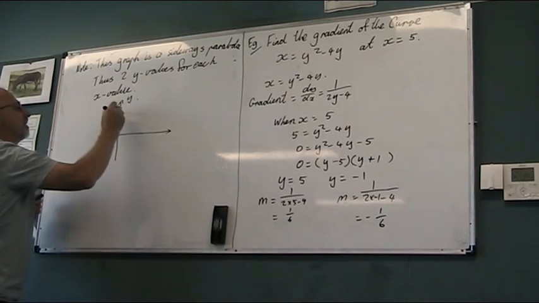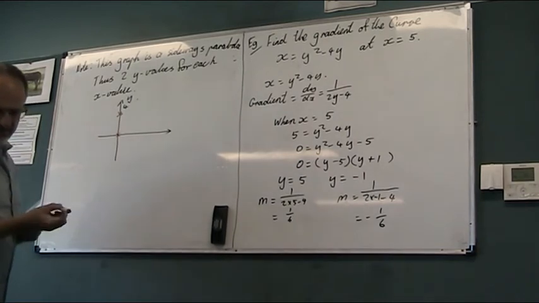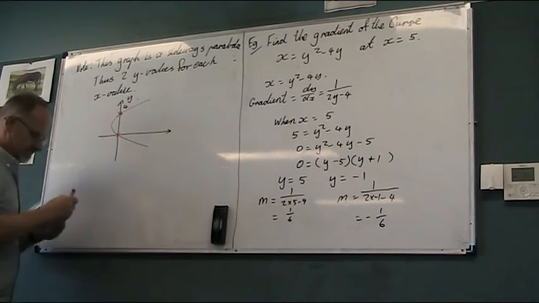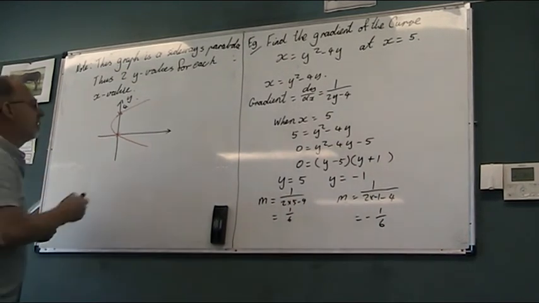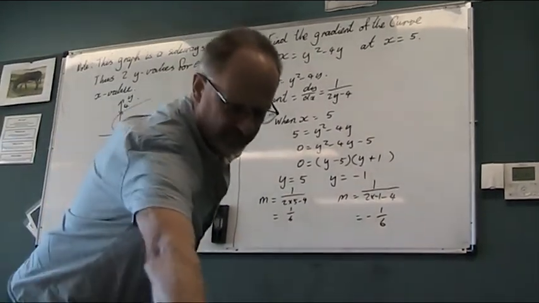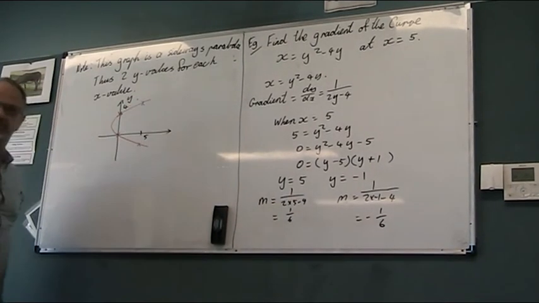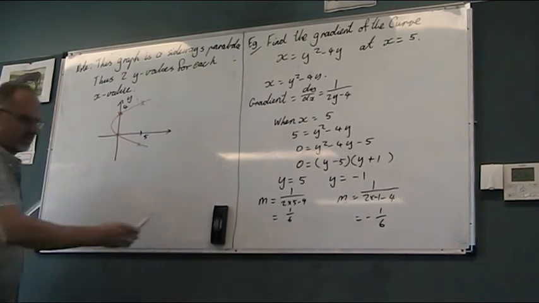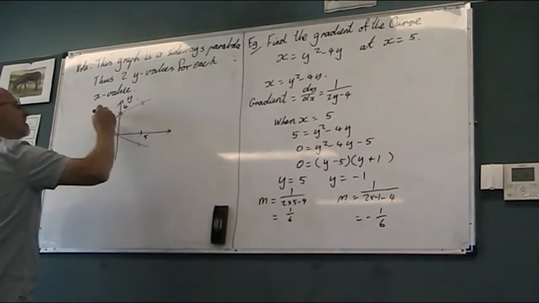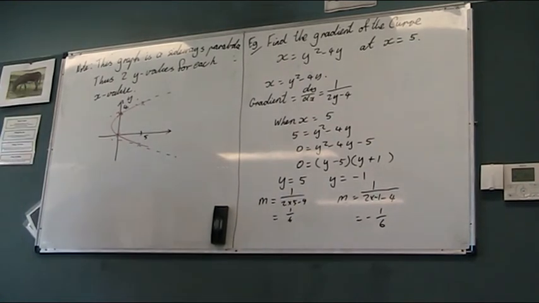This one up here is at 4. And it goes around like so. And so x equals 5, which is up here. There's our two y values that we're talking about. So gradient of 1/6 is this one, and -1/6 is that one.